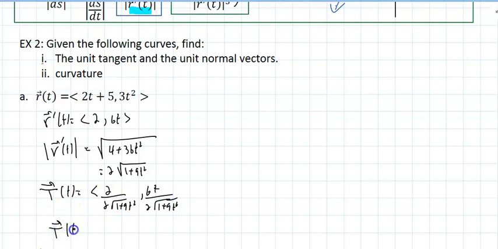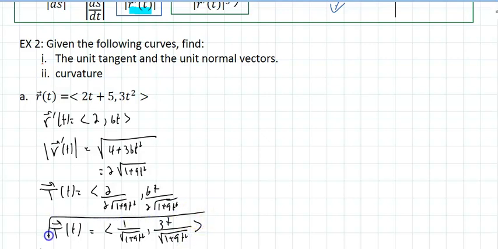So my actual tangent is 1 over the square root of 1 plus 9t squared, 3t over the square root of 1 plus 9t squared. There, I got one of them.